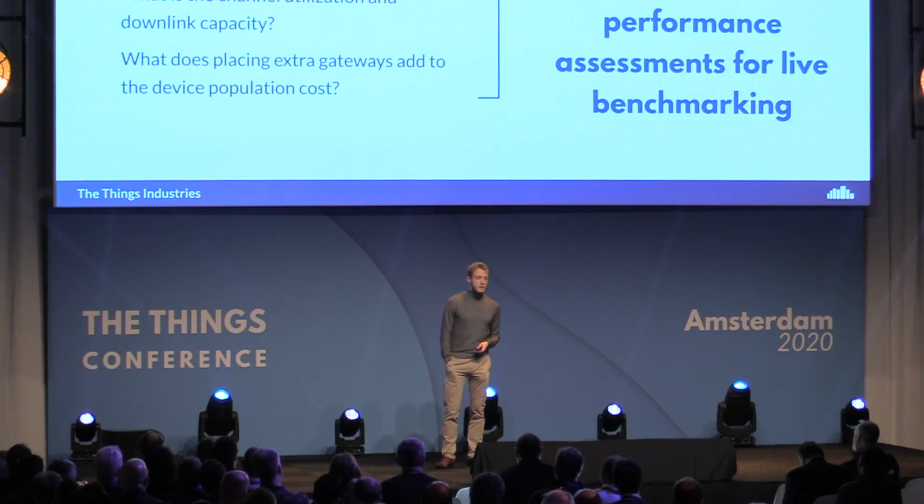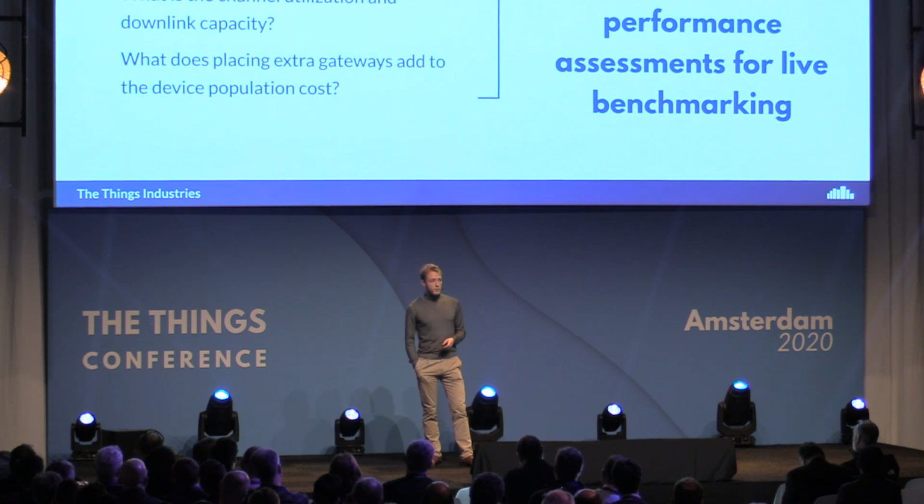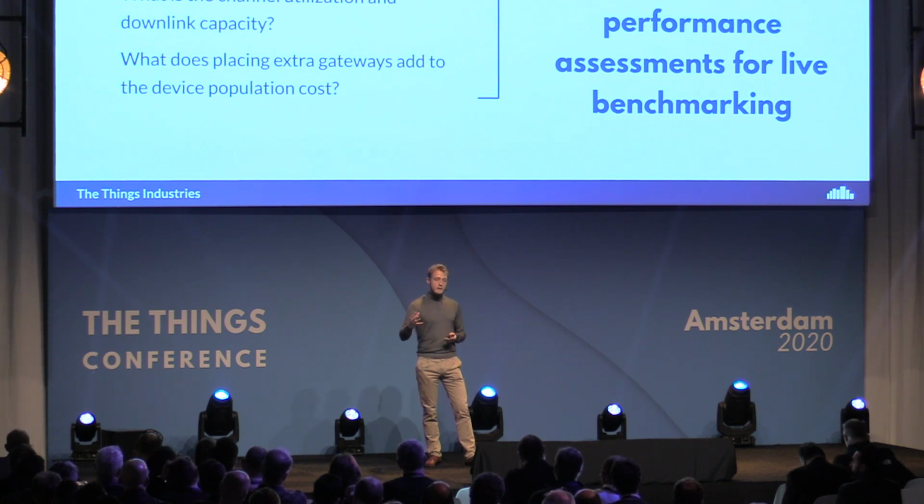And we can tell you what the battery life of your devices is going to be. And also, we can give recommendations of saying, for example, if you have a gateway here that increases data rate, that means that these devices are going to have longer battery life.